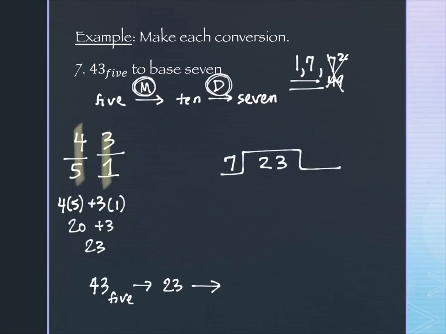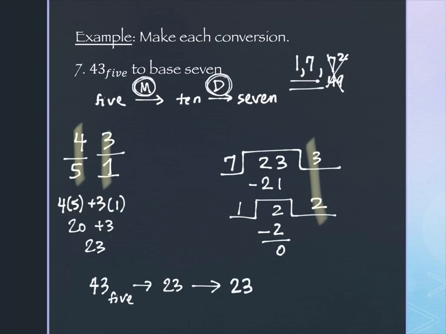How many times will 7 go into 23? 3 times. 3 times 7 is 21. And we subtract. 23 minus 21 is 2. I'll divide by the number 1, leaving me with a 2. And my value here at the end is my answer, 2, 3, base 7.